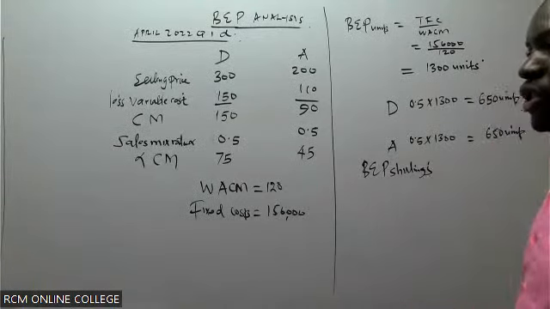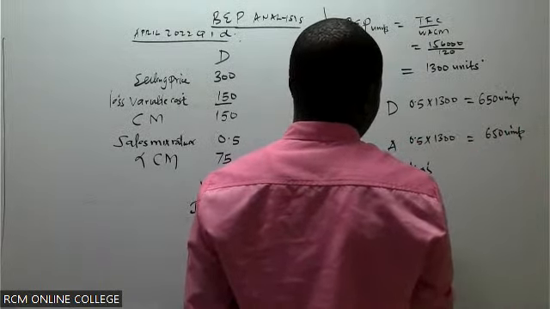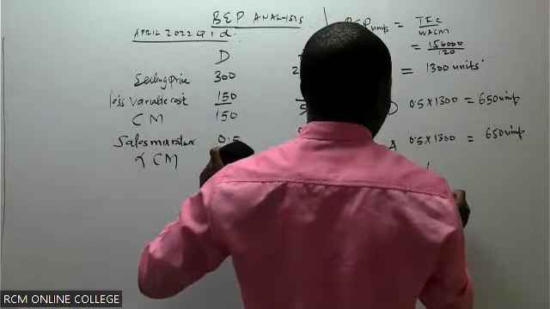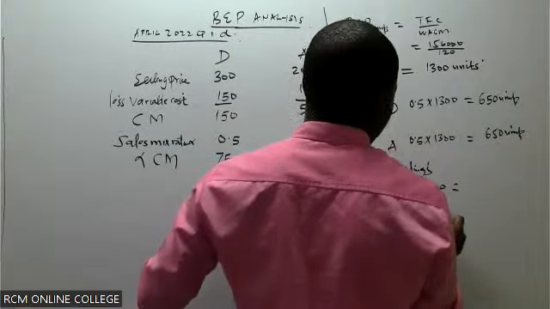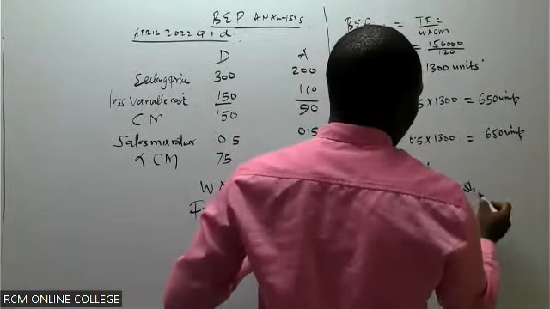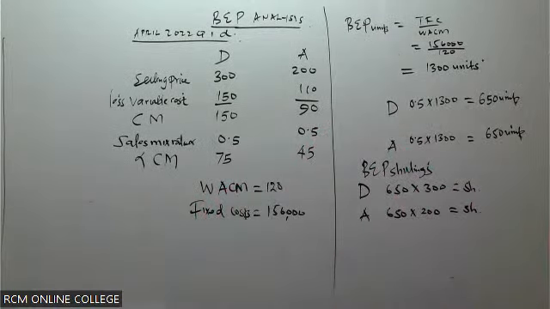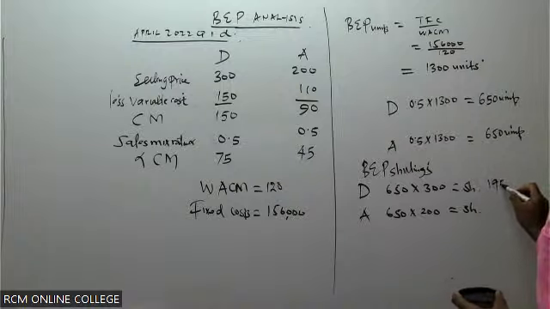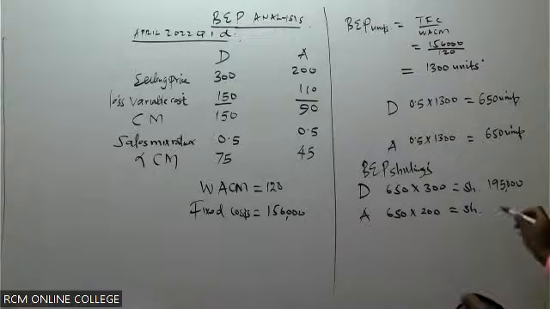D will be having 650 units multiplied by the selling price per unit, and A having 650 multiplied by selling price per unit. So D is equivalent to 195,000. A will be equivalent to what figure? 130,000.